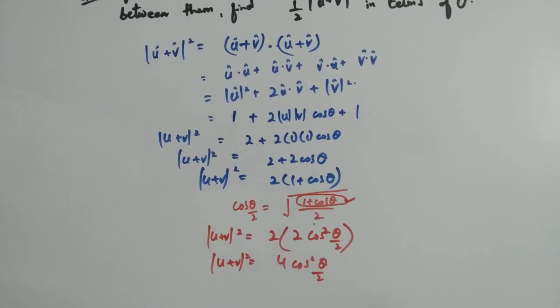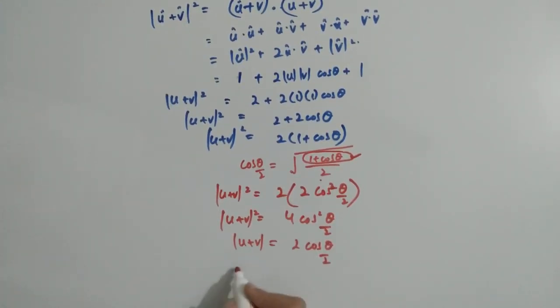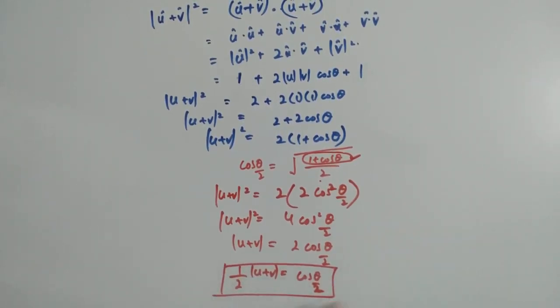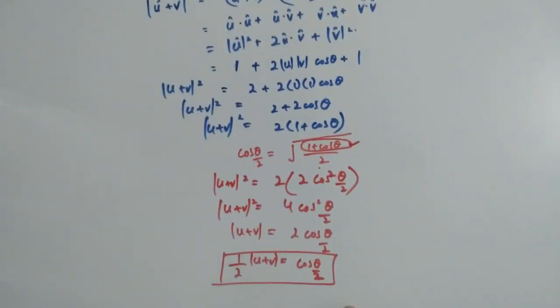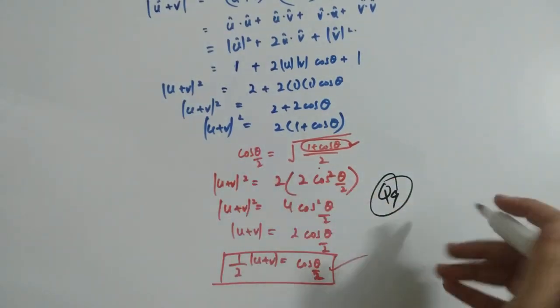Now taking square roots on both sides, you will get |u + v| equal to 2cos(theta/2), or this 2 will go on the left hand side, (1/2)|u + v| equals cos(theta/2). This is the answer, the expression for (1/2)|u + v| in terms of theta. Question number 9 will be done on the same lines as here.